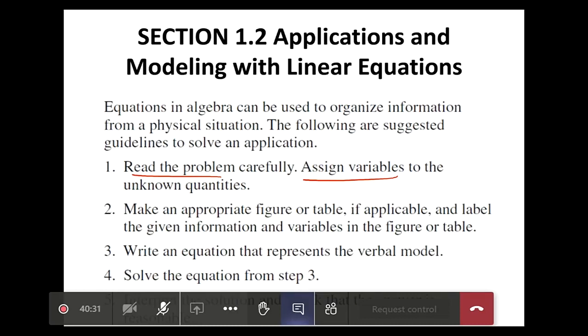If we need to, draw the figure or write a table. But the very important step is to write the equation. After that, solve the equation and then check. We must do the check. Okay.